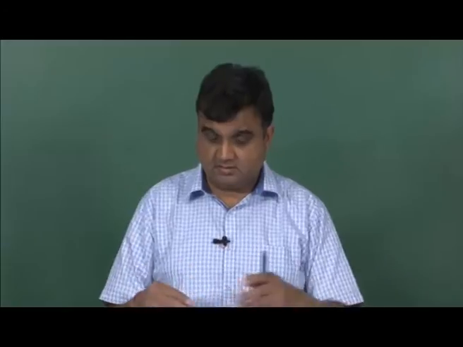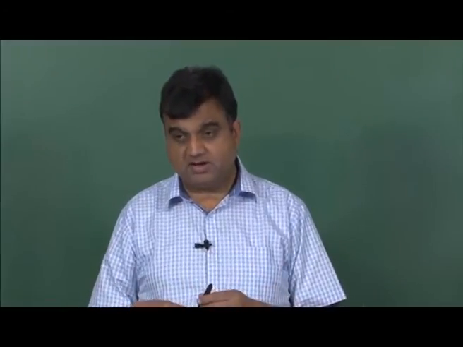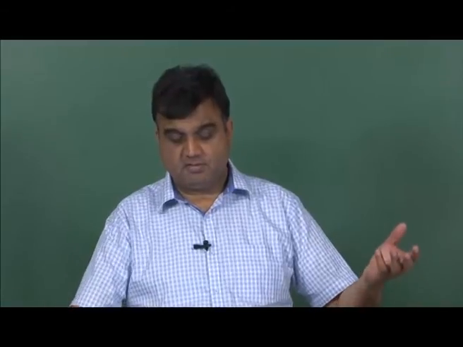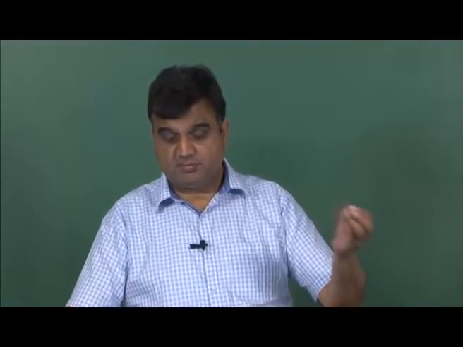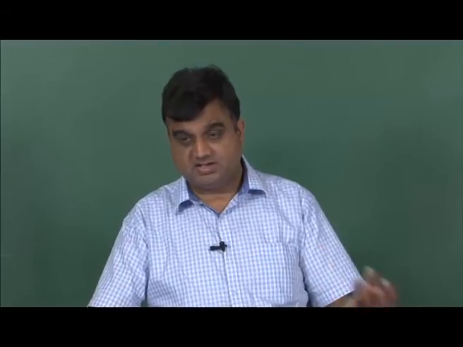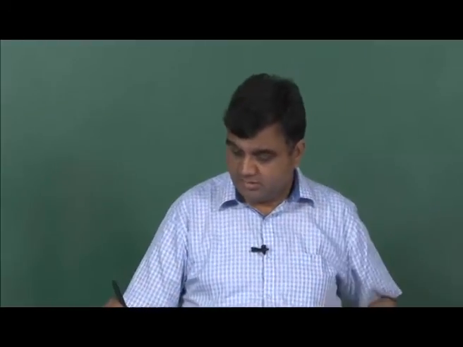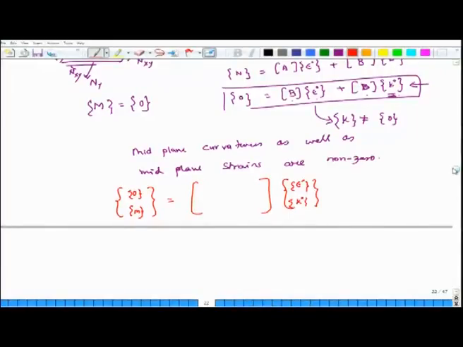If this coupling matrix is not there, then the response of the plate to N is purely strain, and the response of the plate to M is purely curvature. But if B is non-zero, then it couples and you have a more complicated situation.